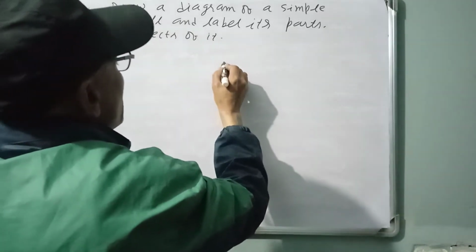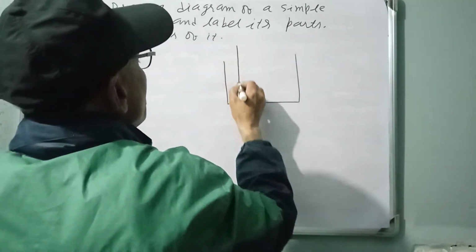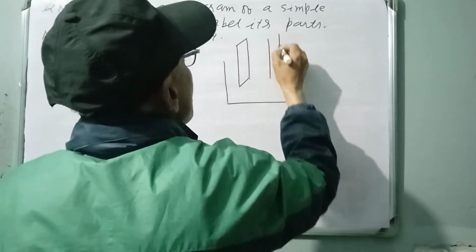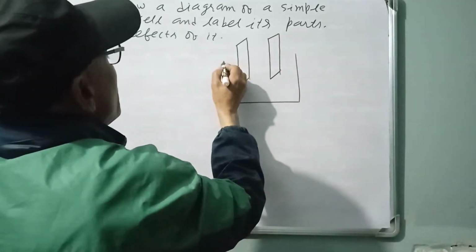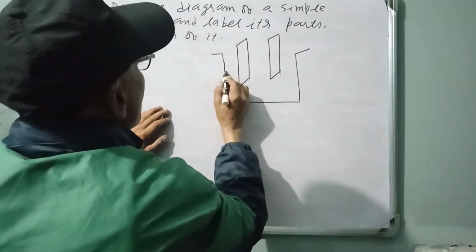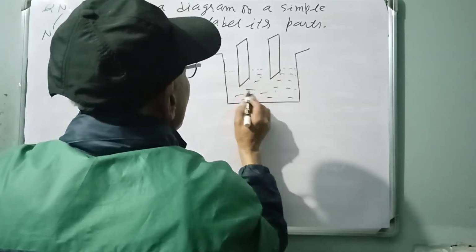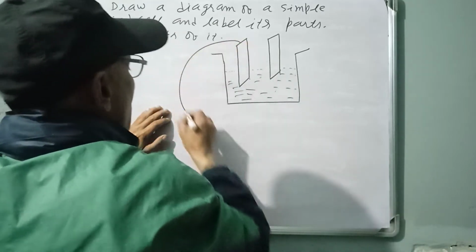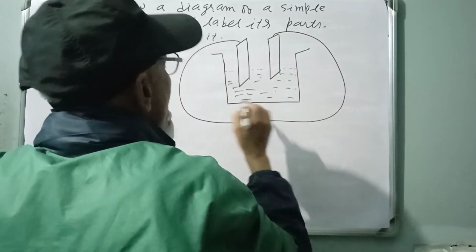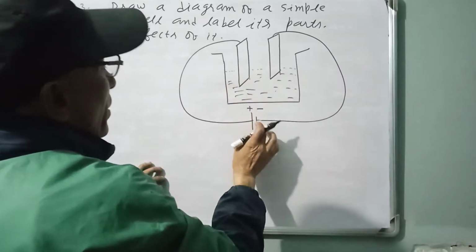First of all, a very simple diagram. Can you see which is positive, which is negative? Negative zinc plate.